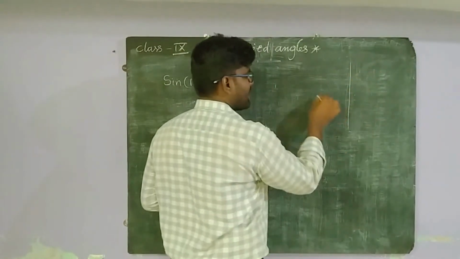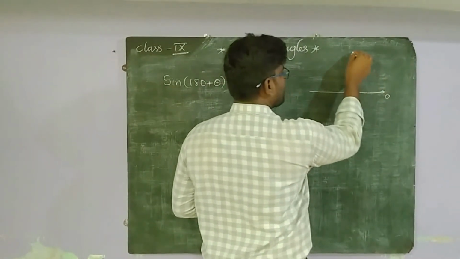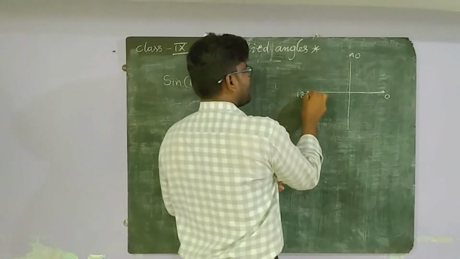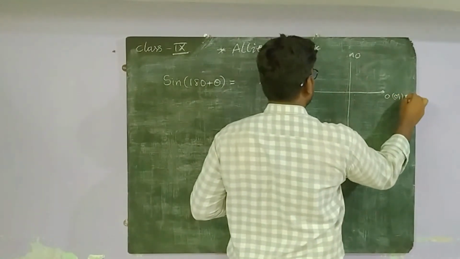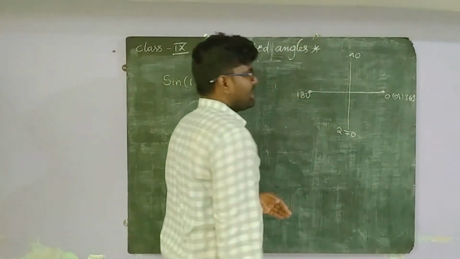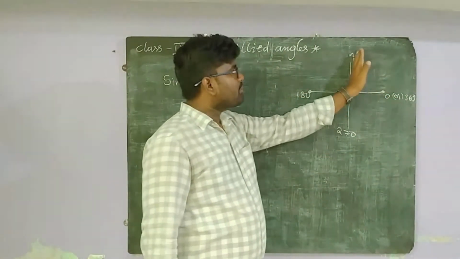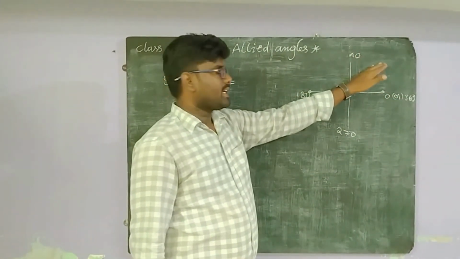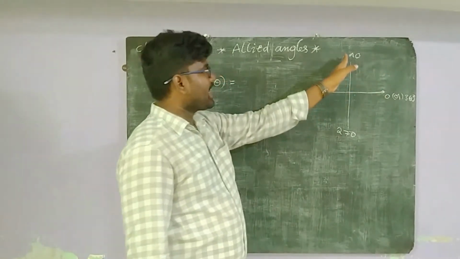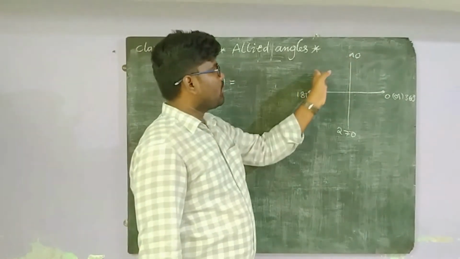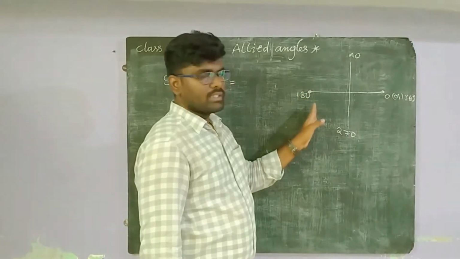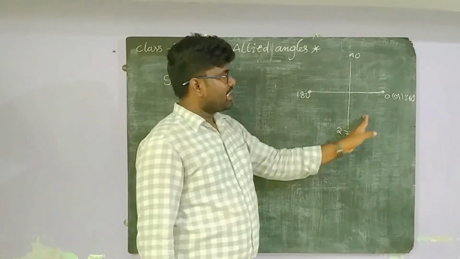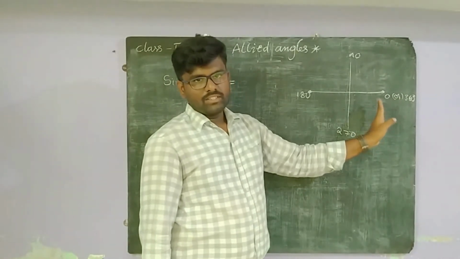Here it is 0, 90, 180, 270 and 360. If the angle is below 90, it is in the first quadrant. Above 90 and below 180, it is in the second quadrant. Above 180 and below 270, it is in the third quadrant. Above 270 and below 360, it is in the fourth quadrant.